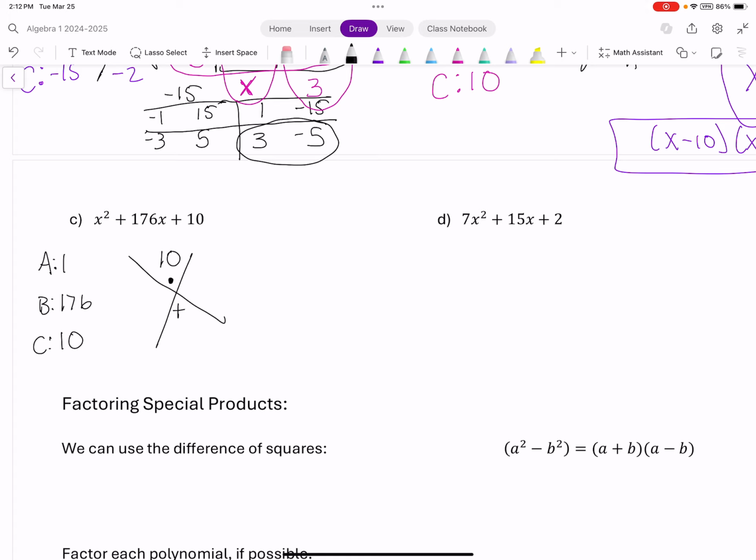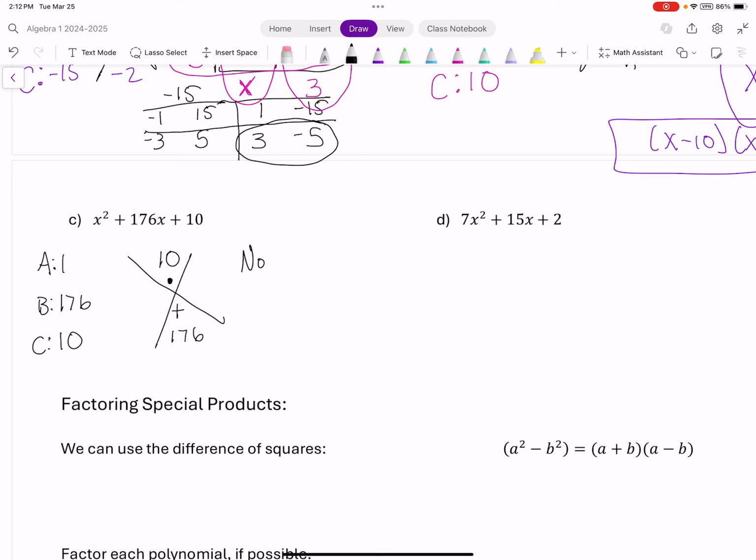And I'm going to go ahead and add to b, which is 176. Sometimes we get problems where you can't find two numbers that make it happen. So here I cannot have two numbers that multiply to 10 and also add to 176. So we say this is not factorable.